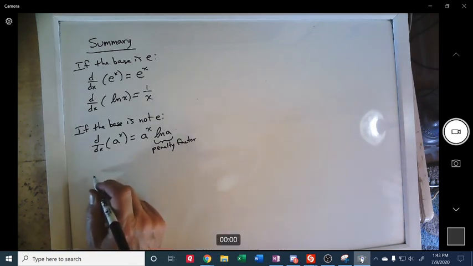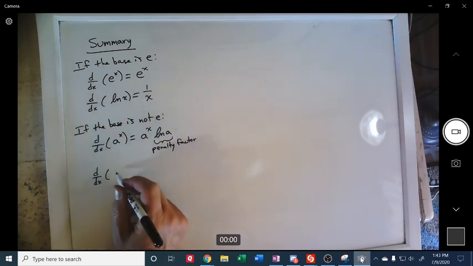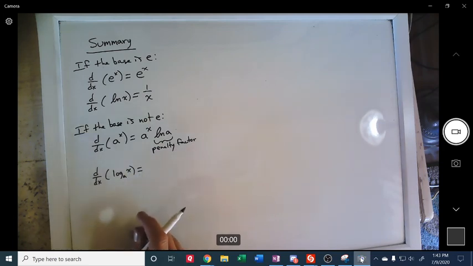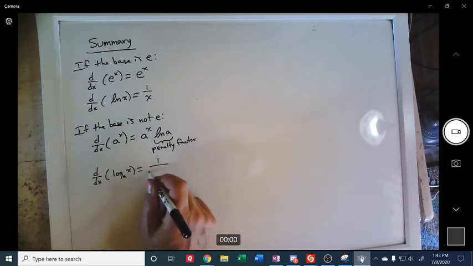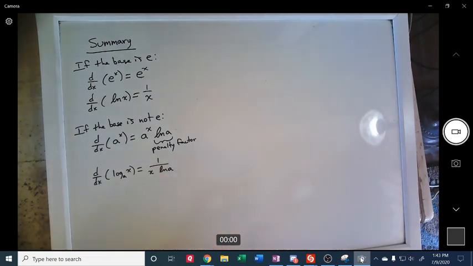And then d dx of this one when the base isn't e. To write it when the base isn't e, you have to put log base a of x, which is 1 over x ln a. Now, there are 4 rules.